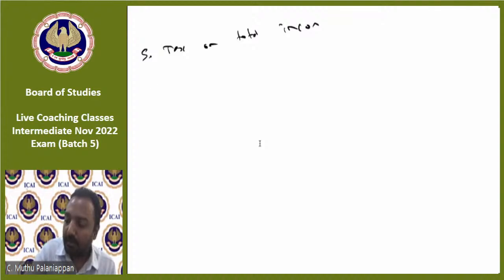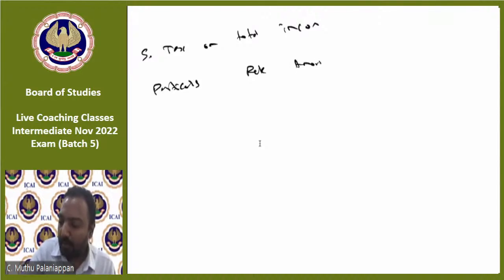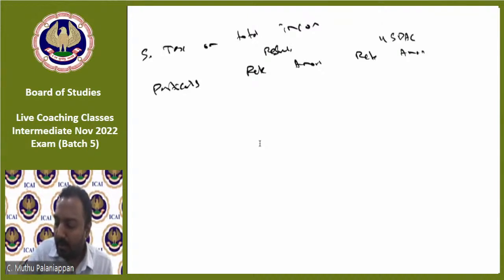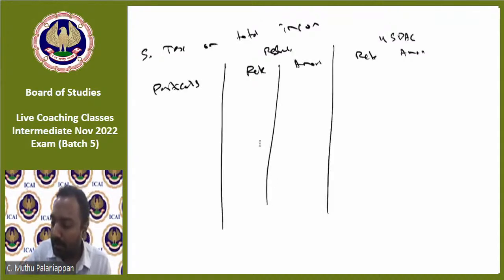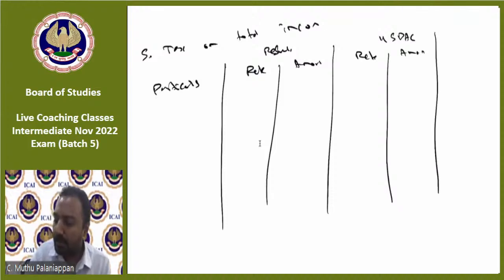We'll do it this manner. Particulars, rate, amount, rate, amount. Okay, we'll keep it this manner. We'll say regular. We'll say 115 BAC. Let's see if we can do it together. Otherwise, we will have to do it as two different tables.